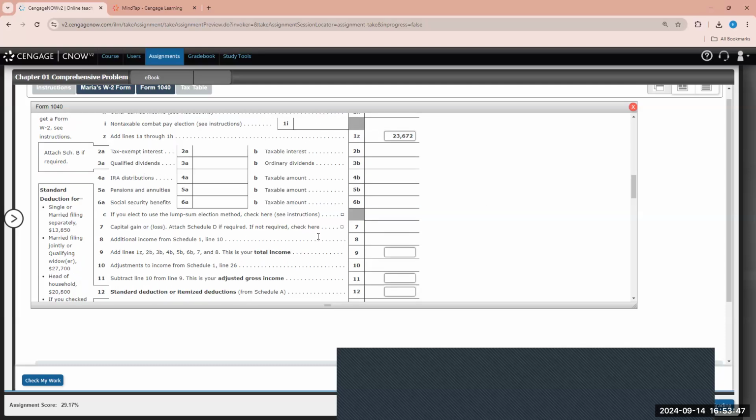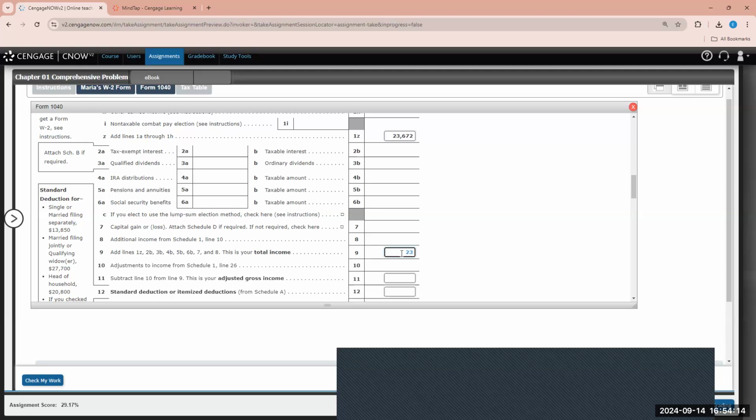On line 7, we have capital gains or losses. This is essentially if you have stocks and things of that nature, you sell them, you have capital gains or losses. And then we see here to attach Schedule 1, if it applies. Again, Schedule 1 reports all of the other income. So for line 9, it says add lines 1z, 2b, 3b, 4b, 5b, 6b, 7, and 8. Again, nothing else applies. Maria has a simple tax return.